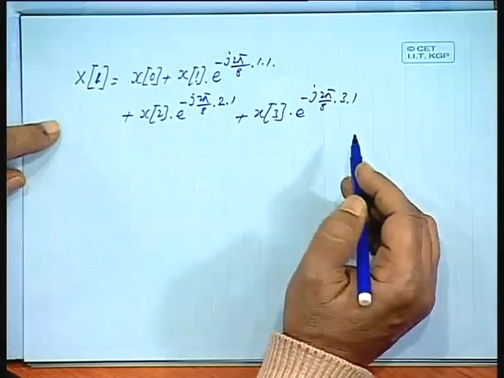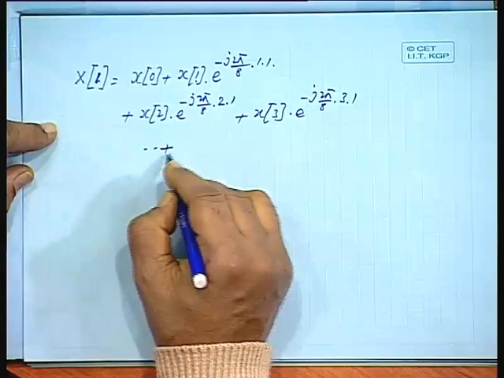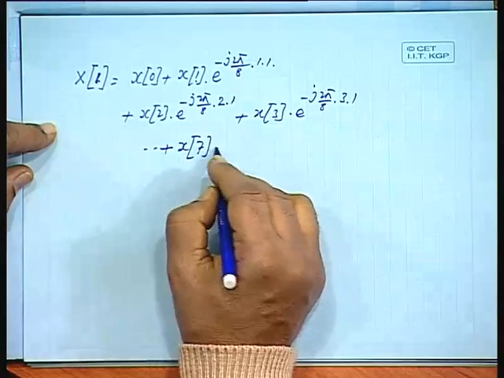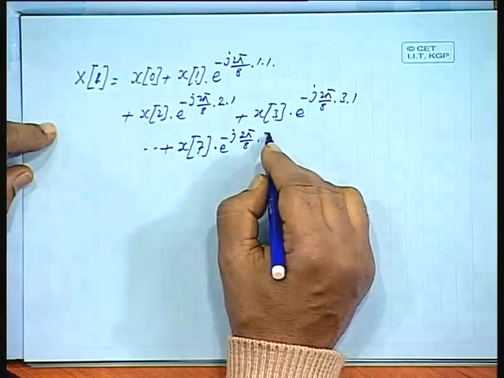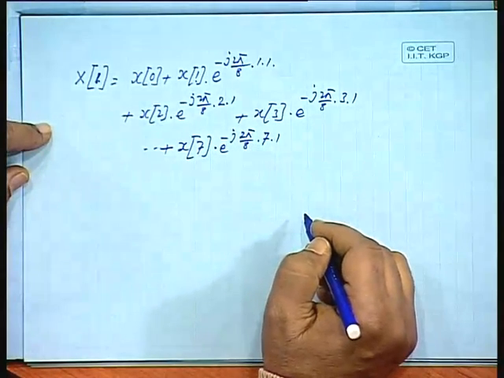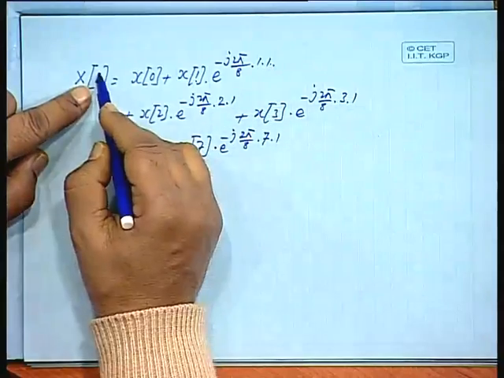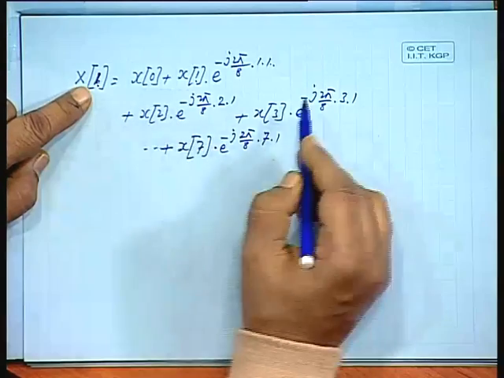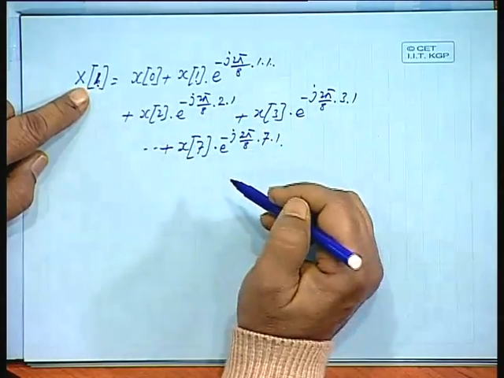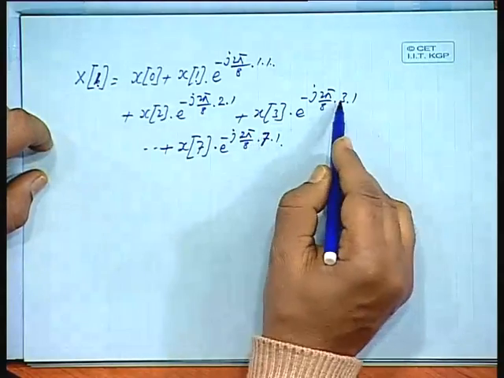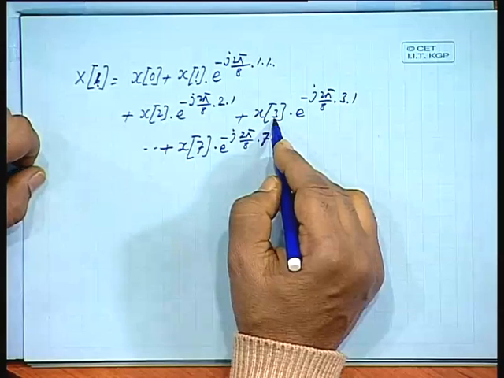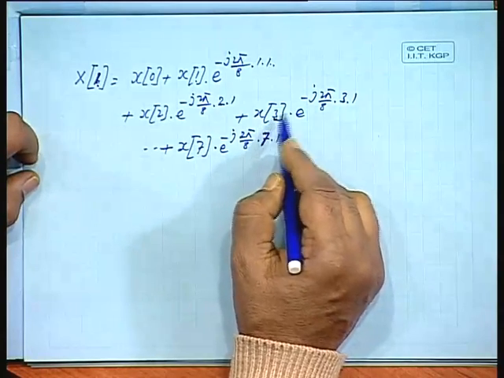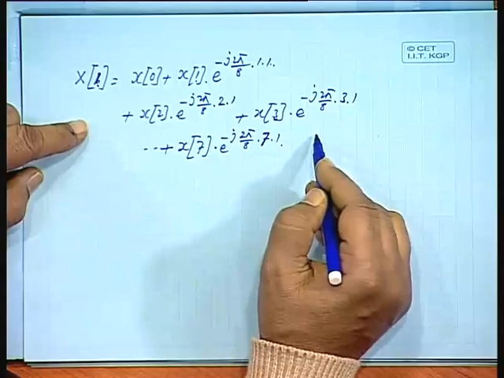Is that all right? And so on, plus x 7 into e to the power minus j 2 pi by 8 into 7 into 1, okay. So, 1 comes every time because I am evaluating it for k equal to 1, and this 7, 3, 2 etc. will be coming along with the term x n, alright, because that n is varying. So, it is summed over n.